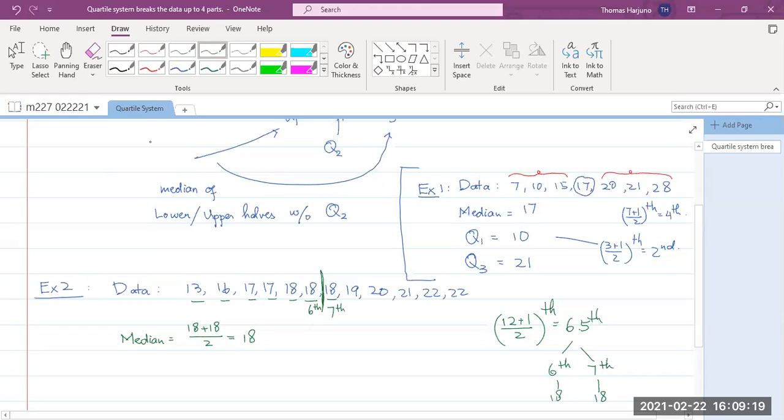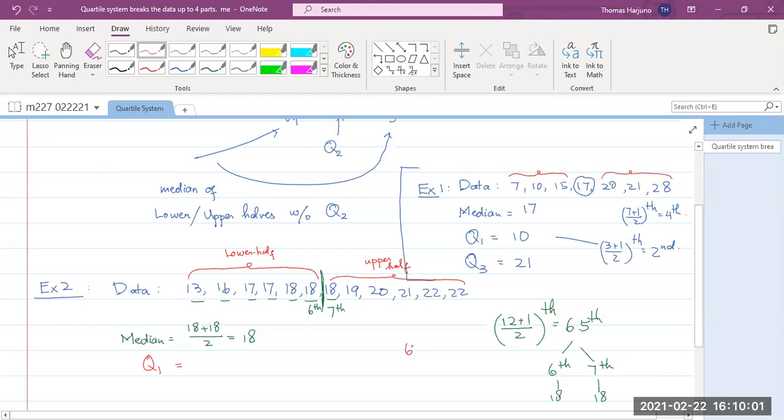Now then, the lower half will be everything before the median. But the median is between 6 and 7. So data number 6, it's still in the lower half. And data number 7 will be in the upper half. Okay, this is lower half. This is the upper half. So the first quartile will be, now there are 6 data in lower half.